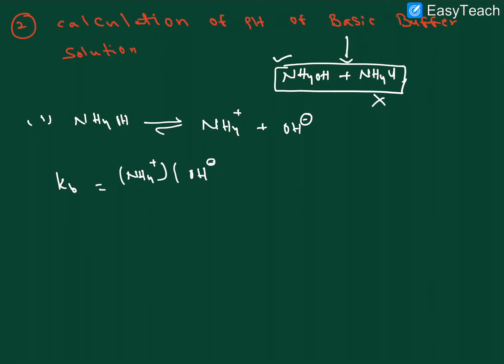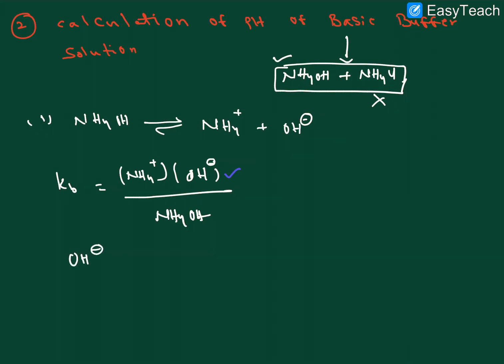Kb is equal to the concentration of ammonium ions times the OH minus concentration, divided by the initial concentration of ammonium hydroxide, right? This is the dissociation constant of the weak base. So we need the OH minus concentration here because we want to calculate the pH.